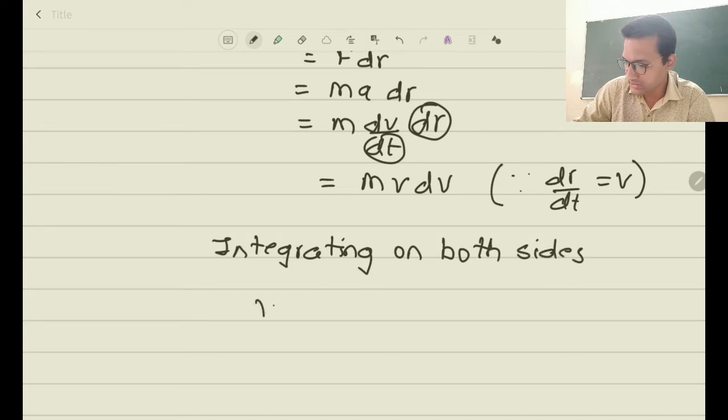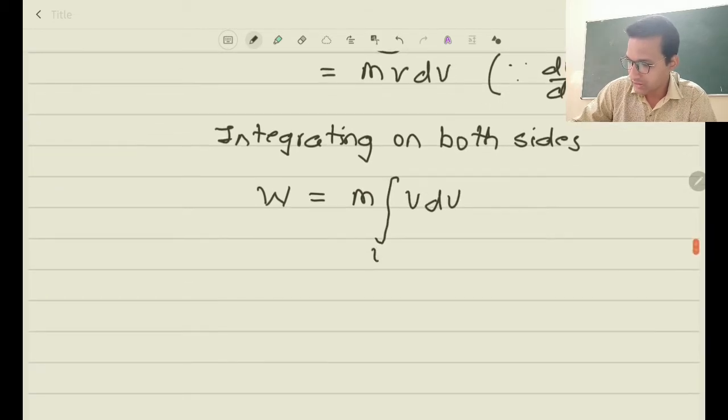So on the LHS we will get W. M is constant, so it will be out of the integration, and we will have to integrate V into dV from initial velocity to final velocity, that is V1 and V2.